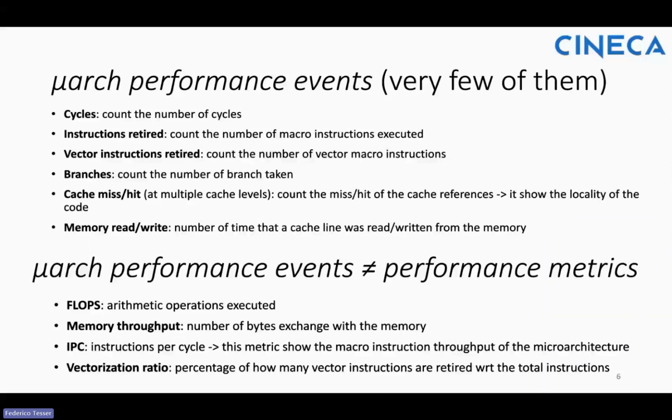Just a few words about the difference between performance events and performance metrics. Things like cycles, instructions retired, vector instructions retired, branches, cache misses, memory reads and writes are microarchitecture performance events, while metrics are composed from the events, and they can be, for example, the FLOPS, the arithmetic operations executed, the memory throughput, the instructions per cycle, or the ratio of your vectorization.